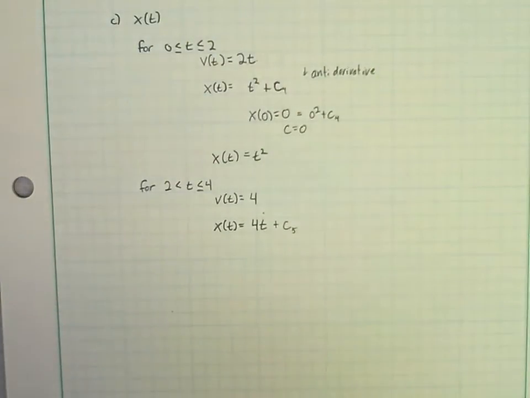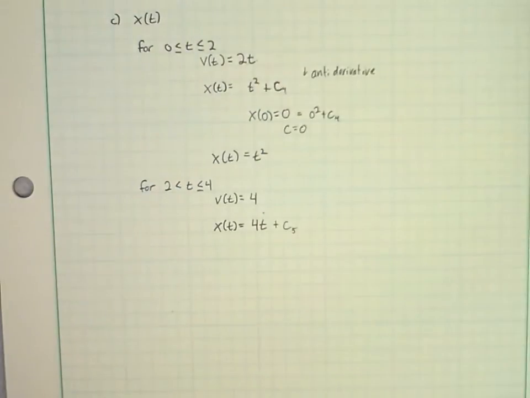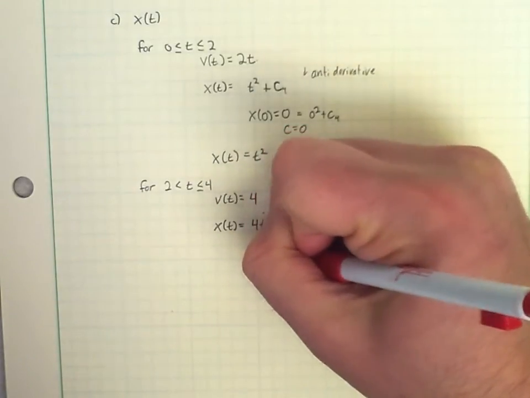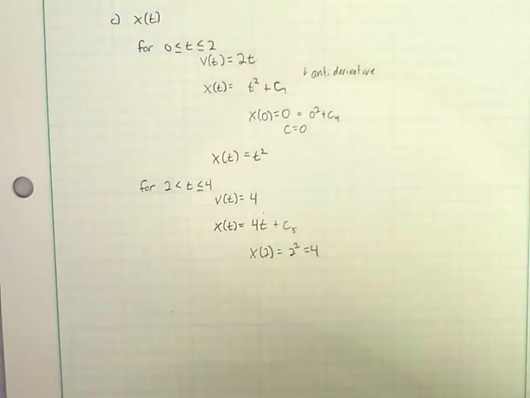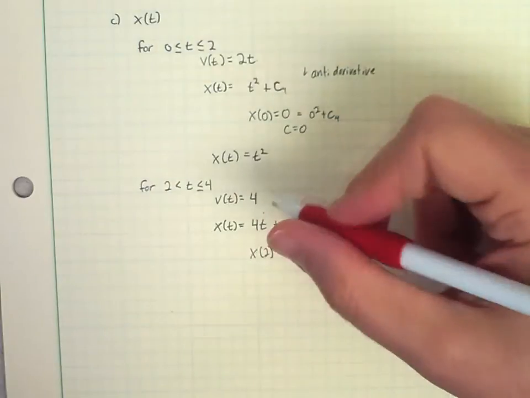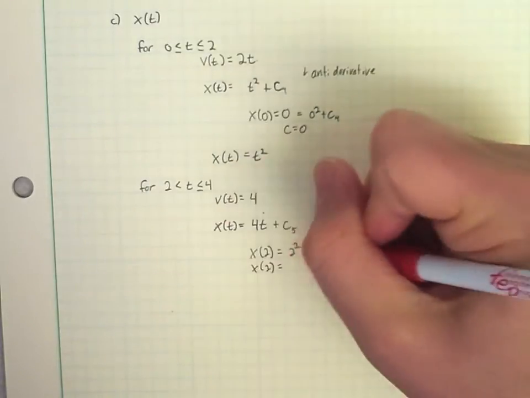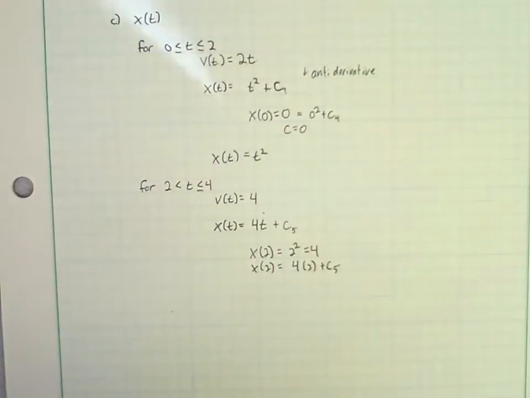And the constant value that we know there, we know that x of 2 has to match up. We can't suddenly jump positions. So it's equal to 2 squared, which is 4. But that also has to equal four times 2 plus c5. So that has to be a part of this same function.